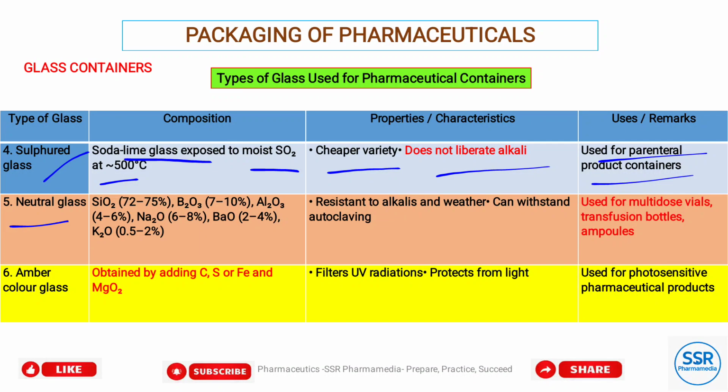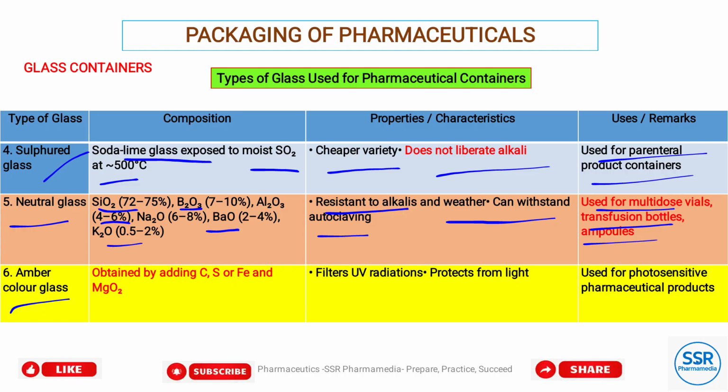And the fifth one is neutral glass. These are the compositions of the neutral glass. Its main properties are that it is resistant to alkali and weather, and can withstand autoclaving. It is used for multi-dose vials, transfusion bottles and ampoules.